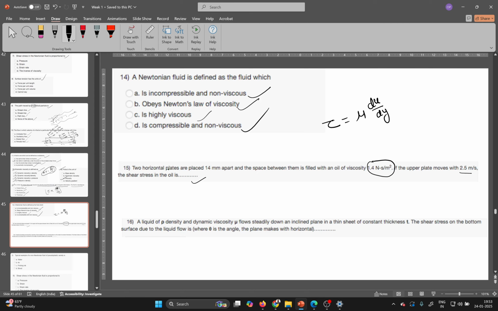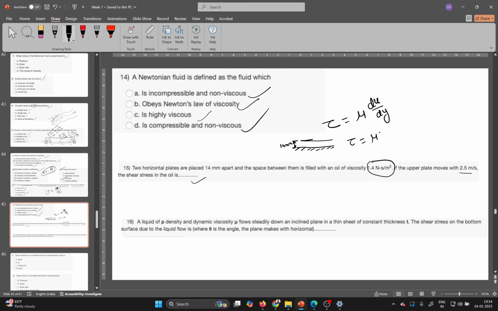But here the distance between your two plates is very small, that is 14 mm. 14 mm means the change in velocity is very minimal, so you can assume it is a negligible change when you compare the velocity here and here.